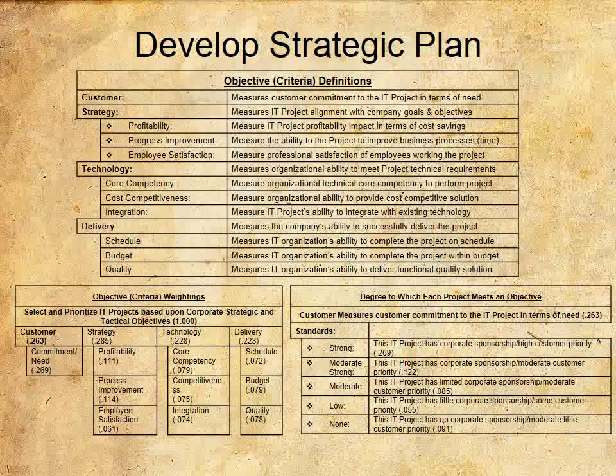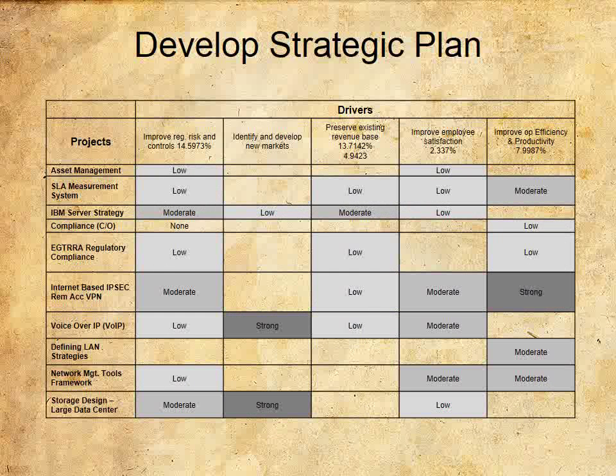Each criterion contains sub-criteria that are also weighted according to importance. The degree or standards, strong, moderate, low, none, that each IT investment meets an objective, and the weighting of these factors provides a higher degree of accuracy in analyzing and scoring investments.